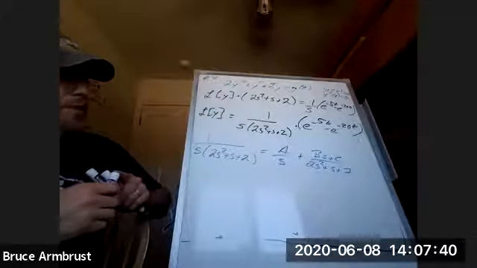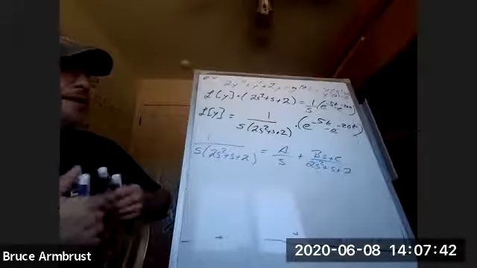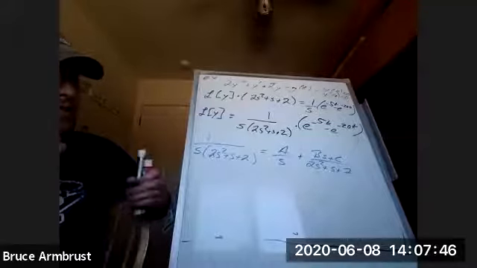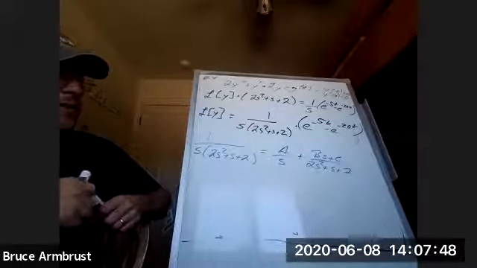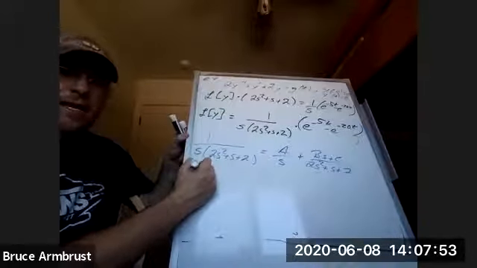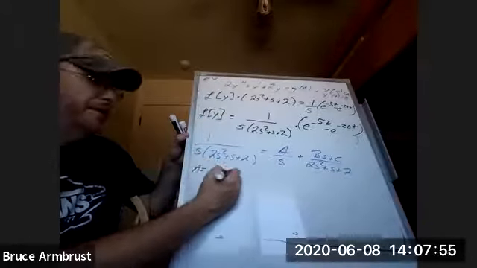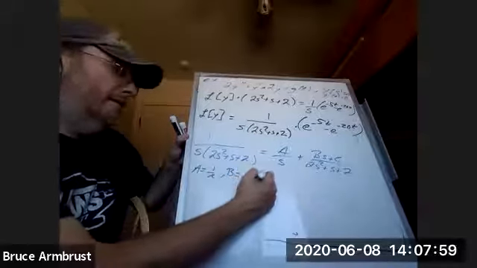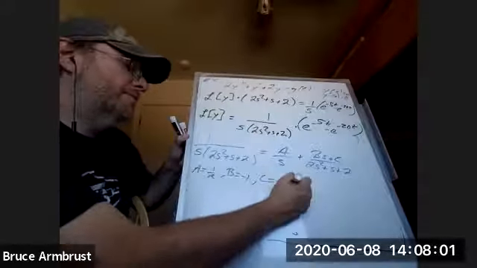All right, well, again, because I know you don't really care, let me just jump to what this looks like. So if you solve this, you get A equals 1/2, B equals -1, and C equals -1/2.